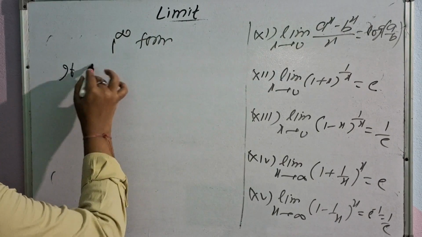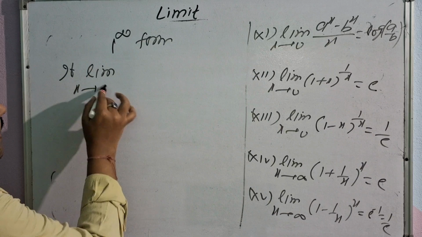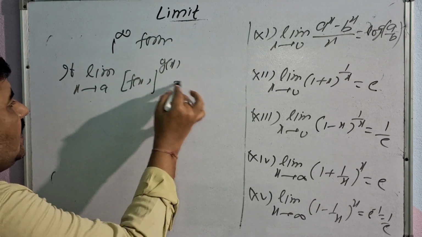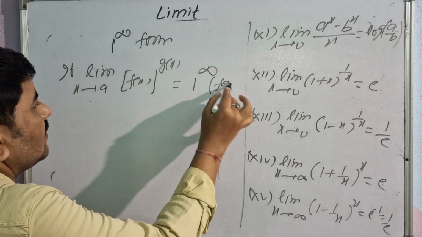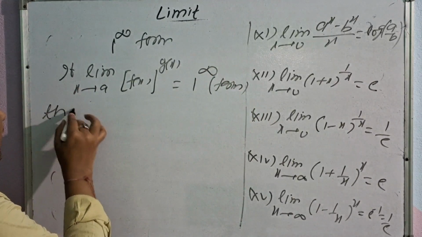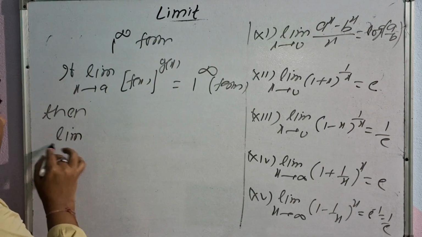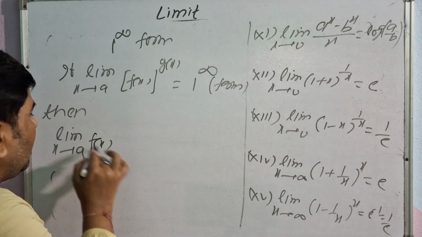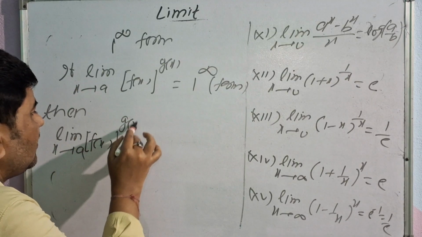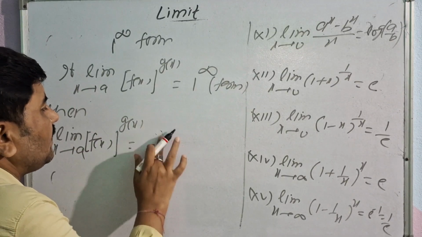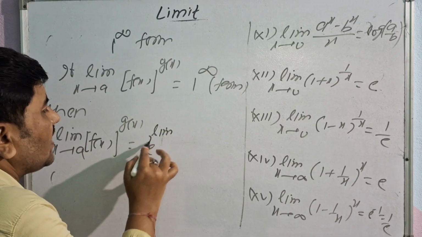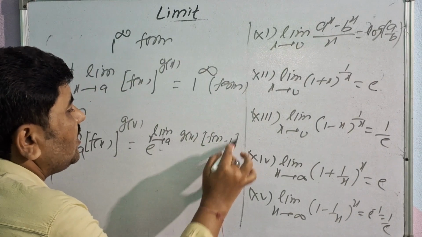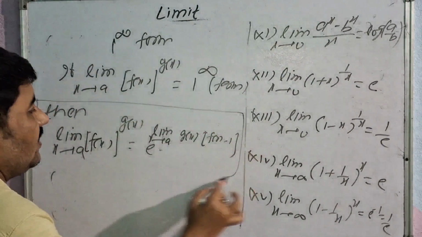If limit x tends to a, f(x) to the power g(x) is equal to 1 to the power infinity form, then limit x tends to a, f(x) to the power g(x) equals e to the power (limit x tends to a, g(x) into (f(x) minus 1)). It is very important for JEE. Understand?